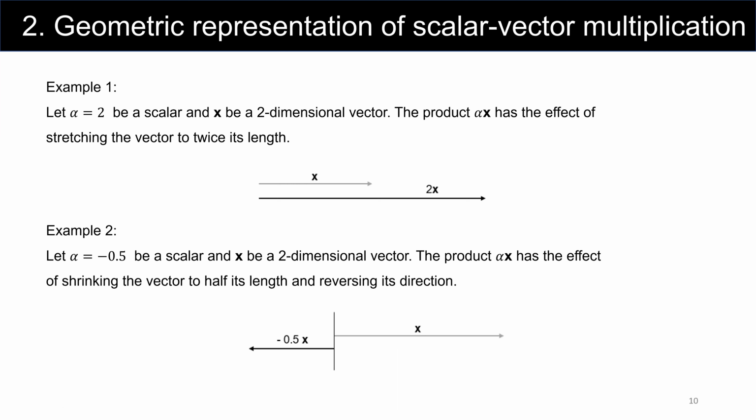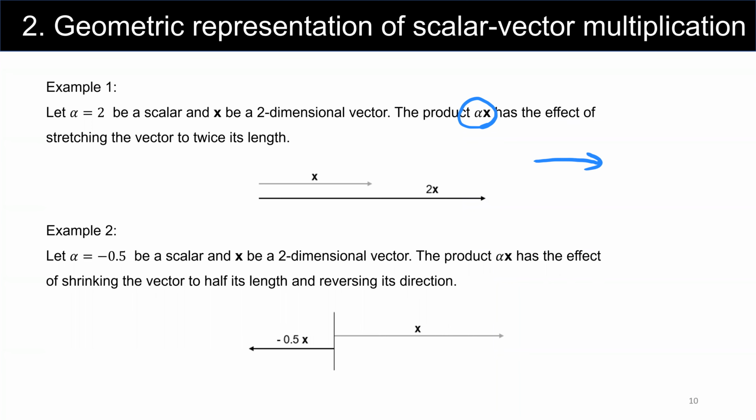All right. A geometric representation of a scalar vector multiplication. So the first example, let alpha equal 2 be a scalar and x be a two-dimensional vector. The product alpha x has the effect of stretching the vector to twice its length.